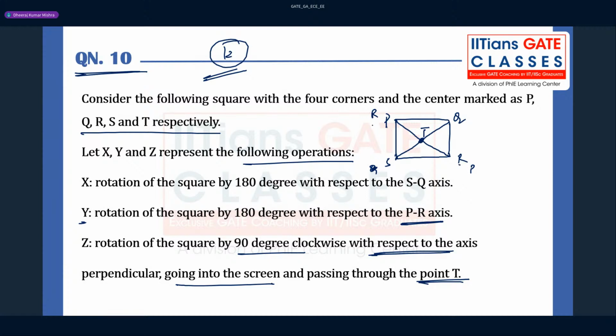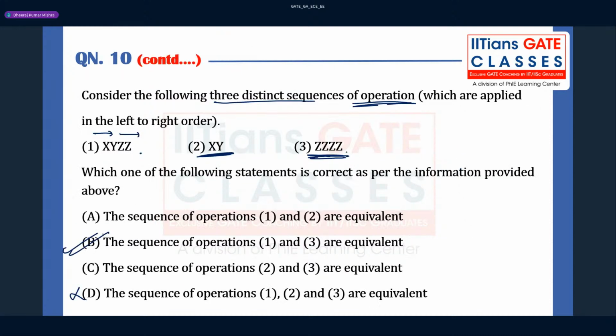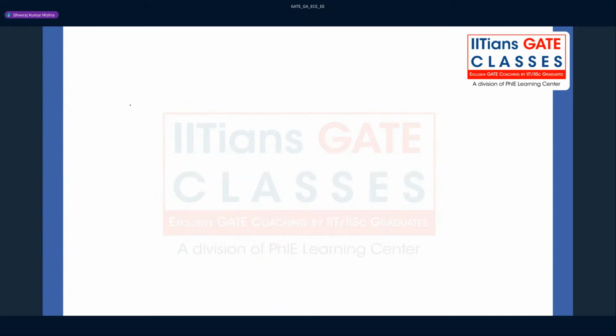Now if you rotate by 180 degree about the other axis, Q and S will change their positions. So I can draw here. This is very important to keep in mind. When you do all these things, you will find that 1 and 3 will be equivalent here, 1 and 3.